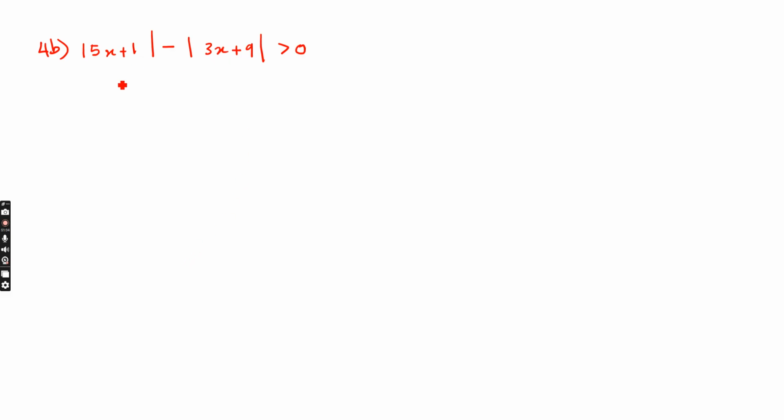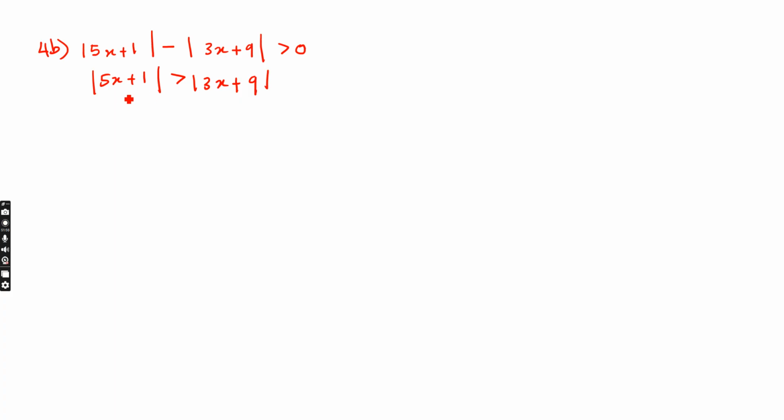Because this is a negative sign, you can move 3x plus 9 to the right side. So we have modulus 5x plus 1 greater than modulus 3x plus 9.